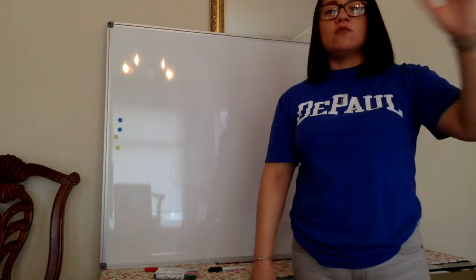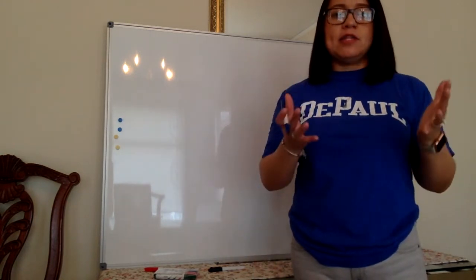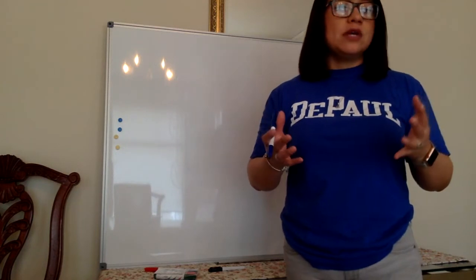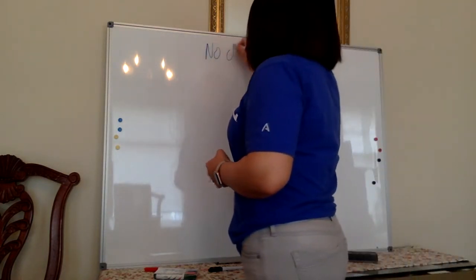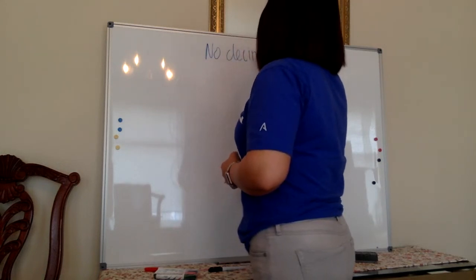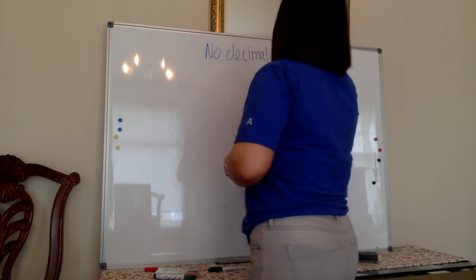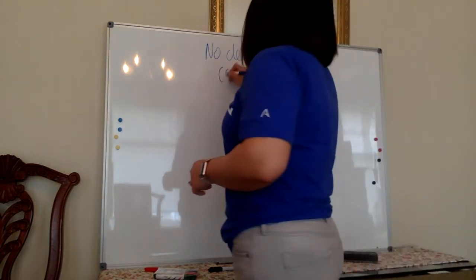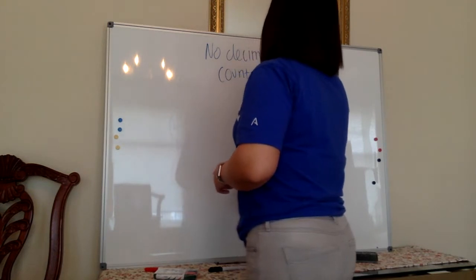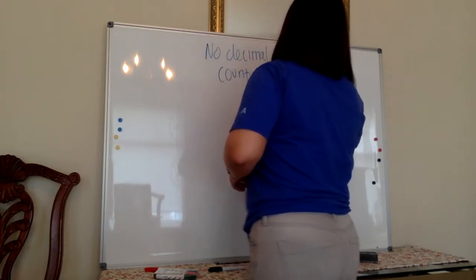So if we saw the rules for the zeros, the last 5 rules, we can actually sum up everything into simple rules. So for example, no decimal point. How do I know how many significant figures there are? If you don't have a decimal point, count from the first non-zero number.